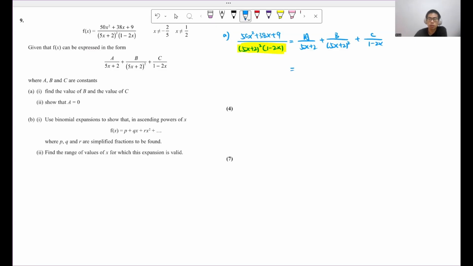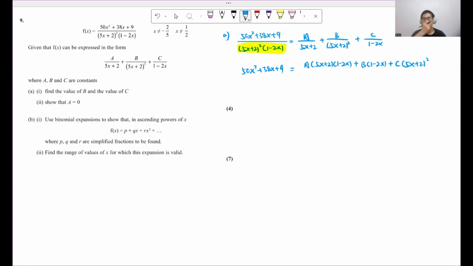The first one, we already have 5x plus 2, so we need another 5x plus 2 to make it (5x plus 2) squared, and also 1 minus 2x. So that would be a times (5x plus 2) times (1 minus 2x). For the second one, we already have (5x plus 2) squared, so we only need another (1 minus 2x) to make the same denominator. For the last one, we already have 1 minus 2x, so we need another (5x plus 2) squared. Then they will have the same denominator, so the numerator should be the same.